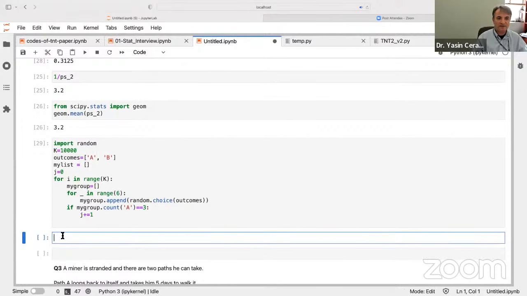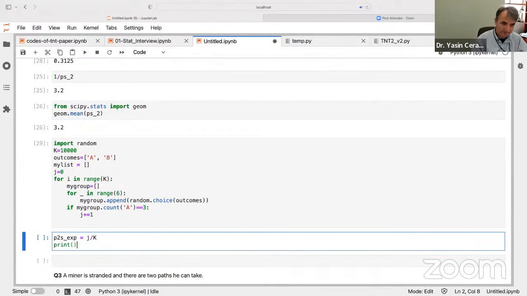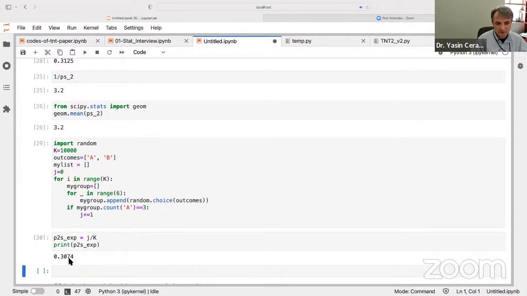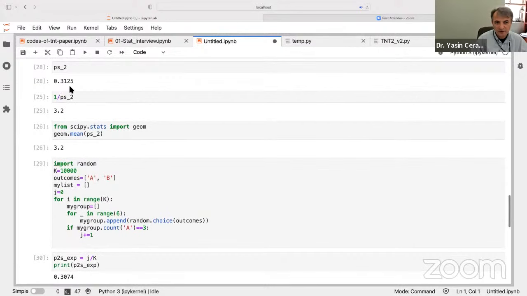Okay, and then this is actually going to give me P2S, experiment is J over K. So let me print this value here. 0.307, 0.3125. I mean, almost the same.